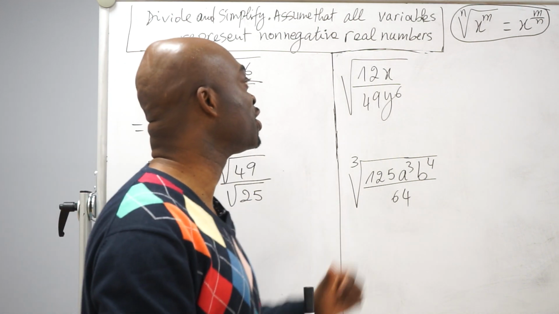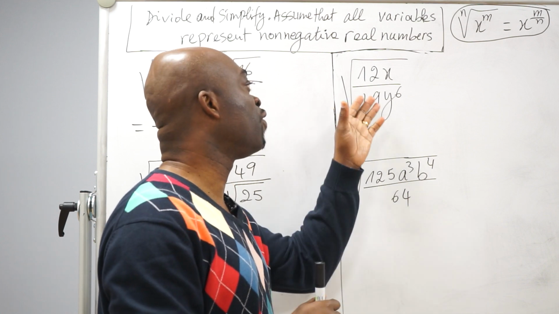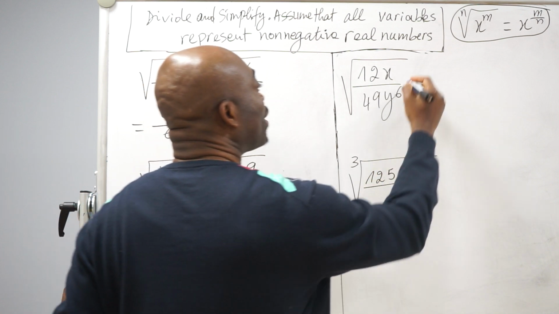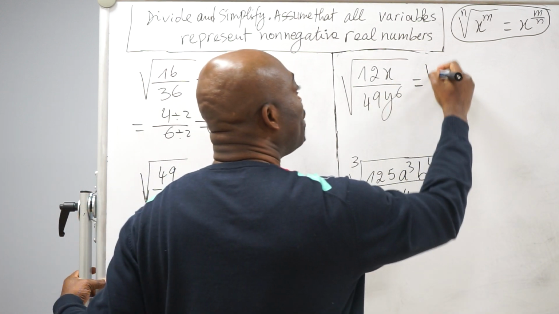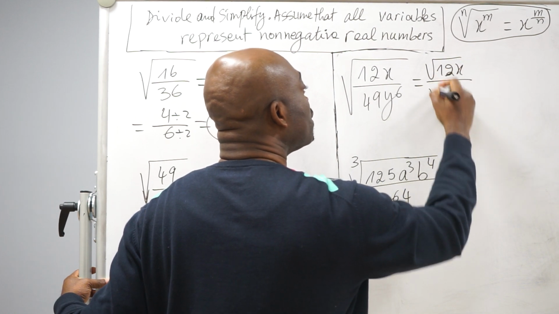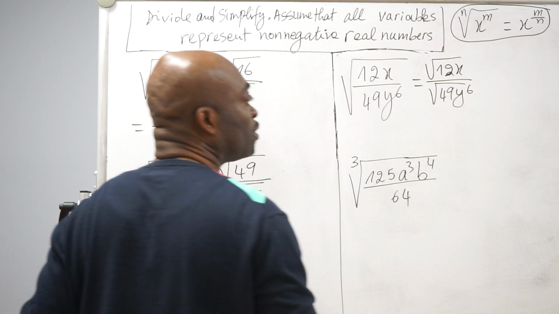All right, so let's go to the next one here. The third question here is the square root of 12x over 49 y to the 6th power. So how can we deal with this one here? We're splitting the problem into the square root of 12x over the square root of 49 y to the 6th power, correct?